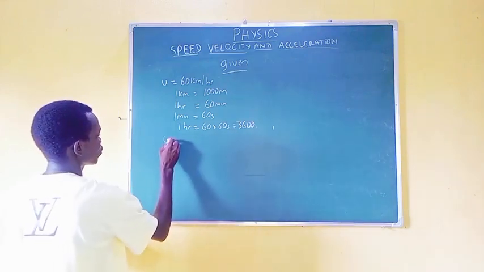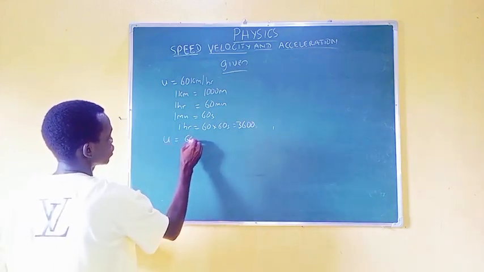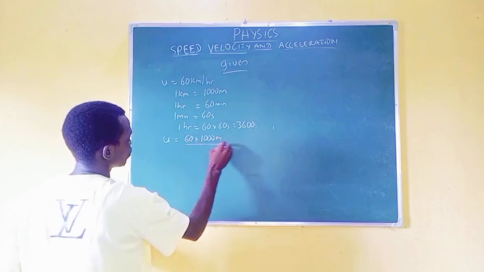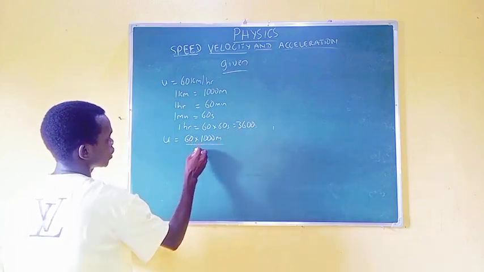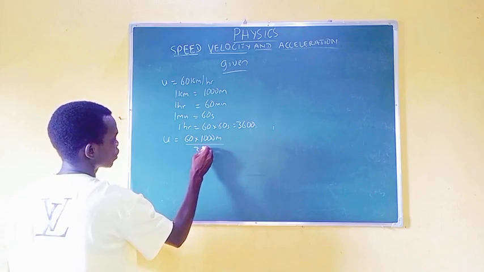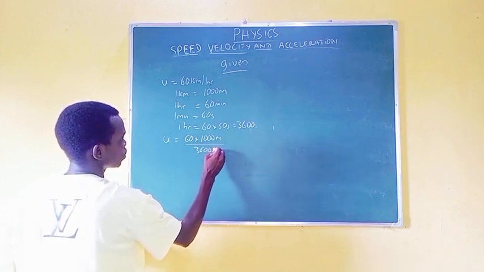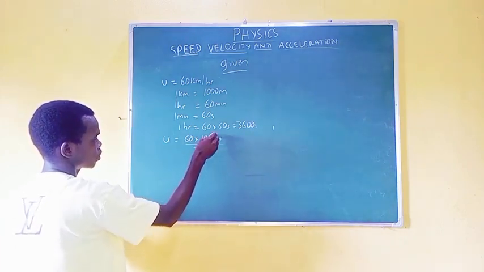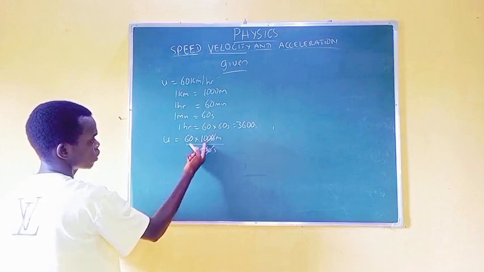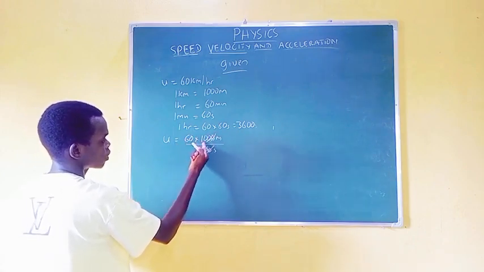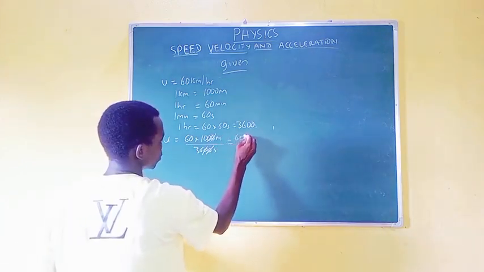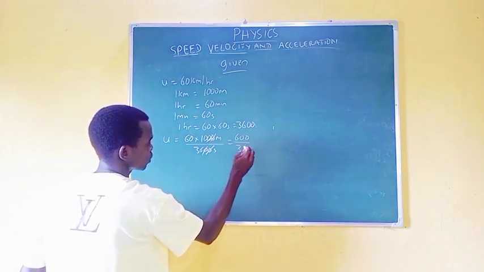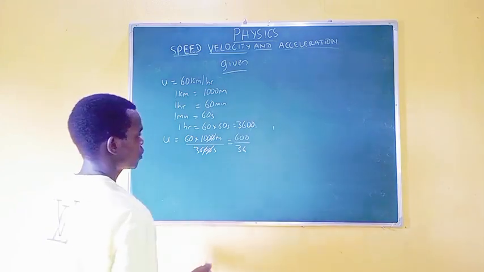So initial velocity will now be 60 times 1000 meters over the 1 hour, which is 3600 seconds. 0 will cancel 0, 0 will cancel 0, remain 10. Now we have 60 times 10, which is 600, over the 36. And what can divide both?